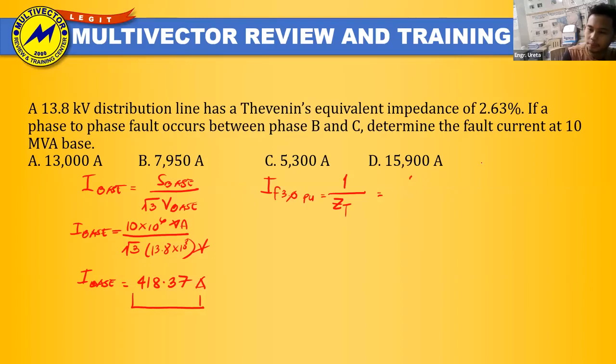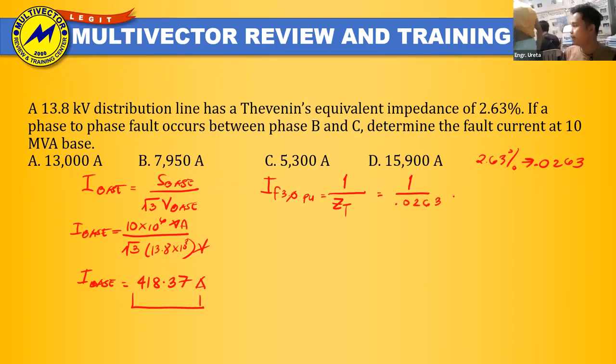Okay, so 2.63% is just equals to 0.0263, kapag decimal or per unit. Okay, so 0.0263. Okay, so under the assumption na not equal yung ating IA1. Okay, kapag hindi binabanggit kasi i-assume natin na equal to.